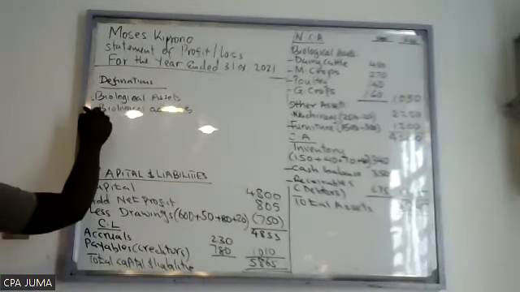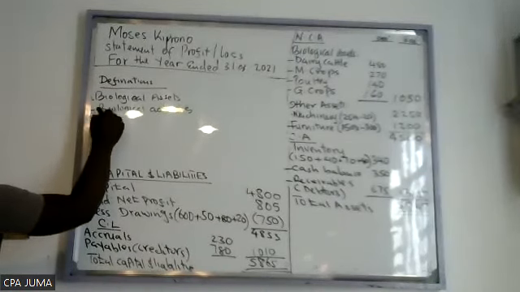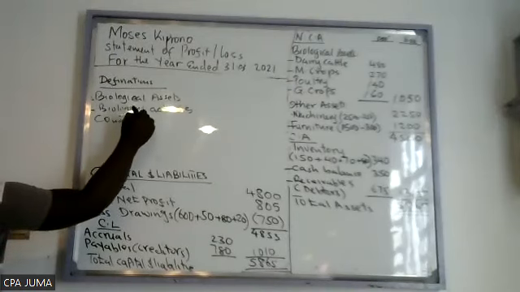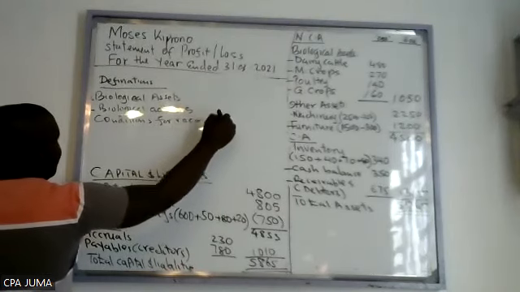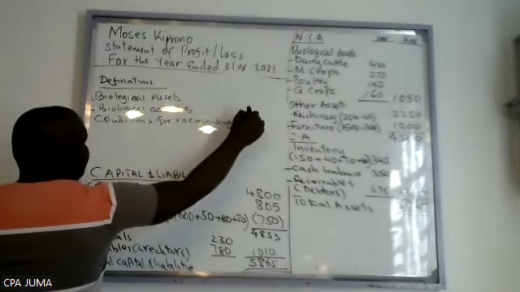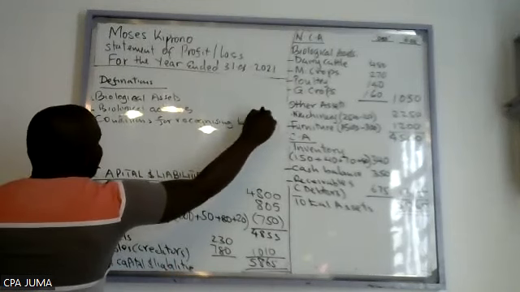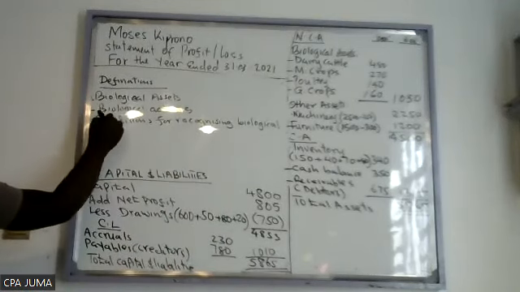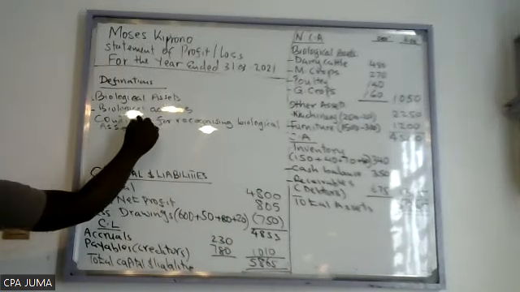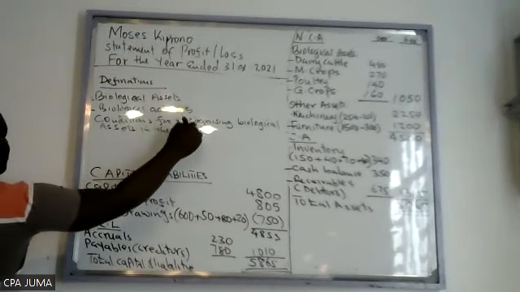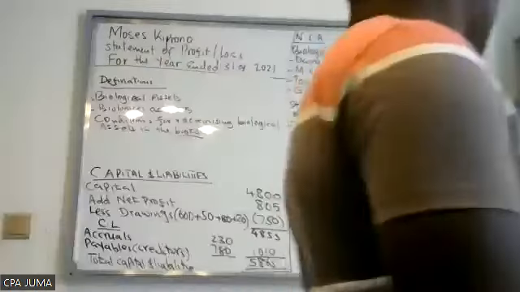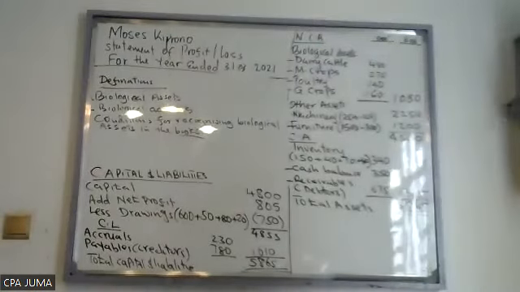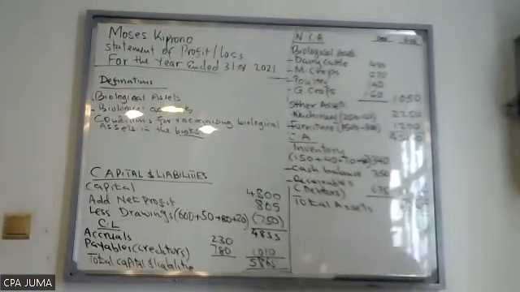Then circumstances or conditions for recognizing biological assets, in the books I gave you. So make sure you check on those two. Check on those two.